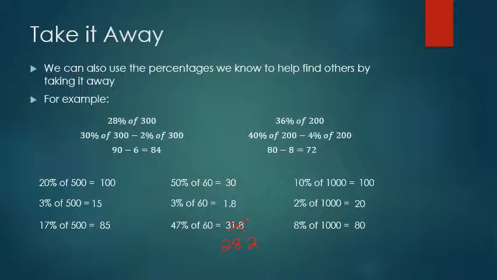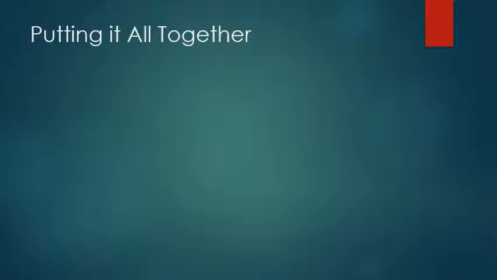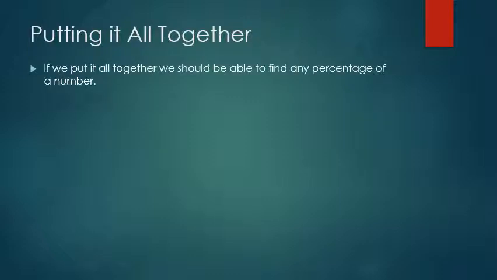Okay, and let's look at our last strategy for the day, which is putting it all together. So if we put it all together, we should be able to find any percentage of a number. So it doesn't matter which percentage I ask you, you should be able to combine those two methods to find any percentage.